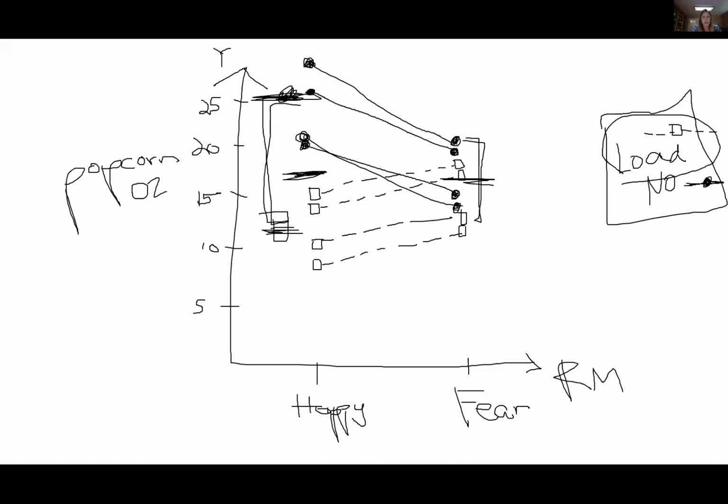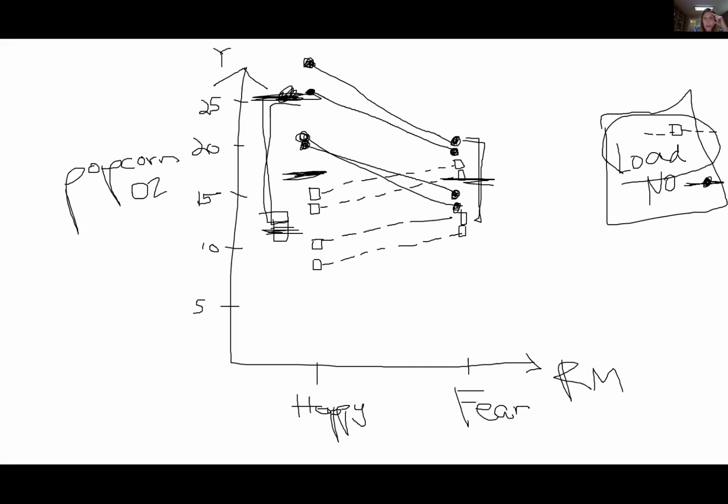Hey, Sarah, I don't know why, but none of that made sense. None of that made sense? Like I get the graph, but I don't see an interaction because I just see that loading is what's making the difference. Okay, where did my picture go? Did I lose my picture? Just because I'm looking at this and thinking if they didn't load, they ate more and then they decreased their eating.